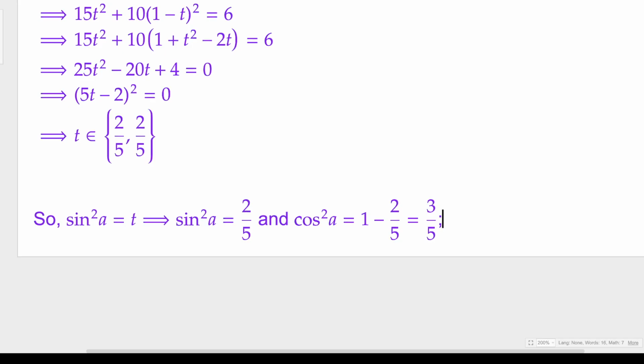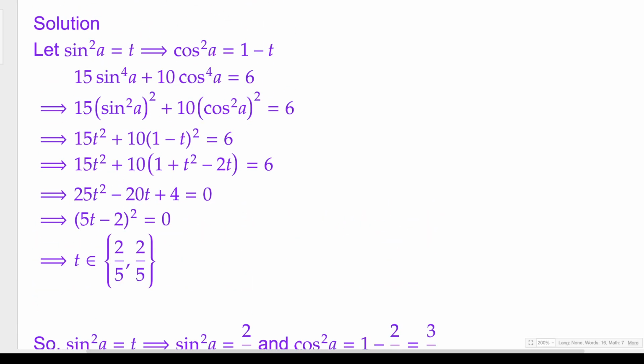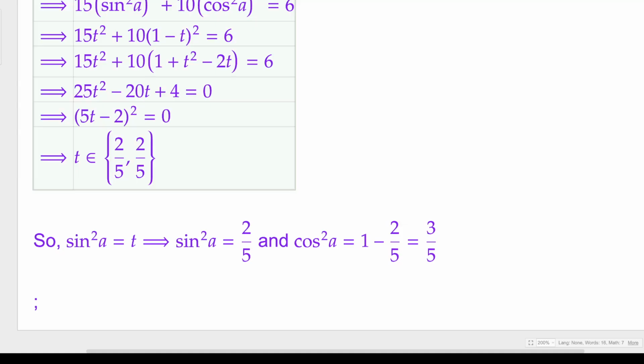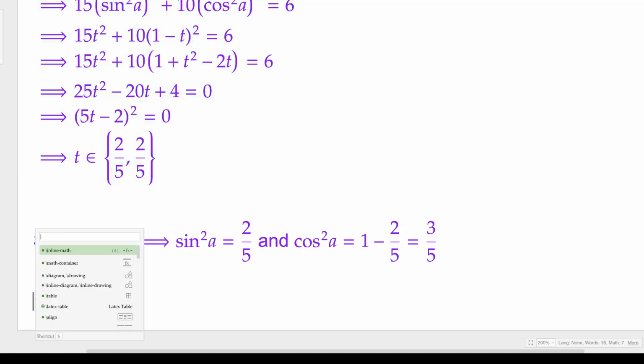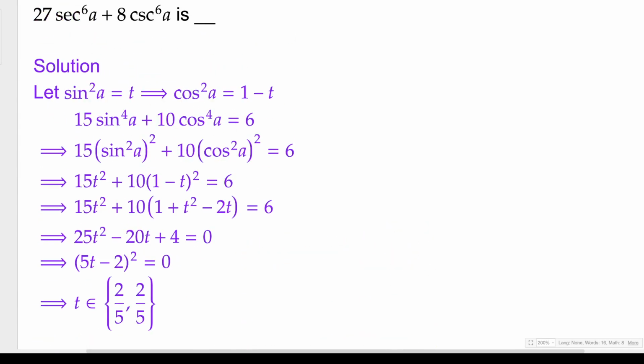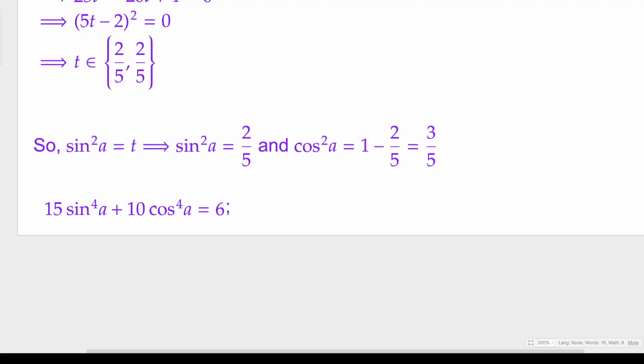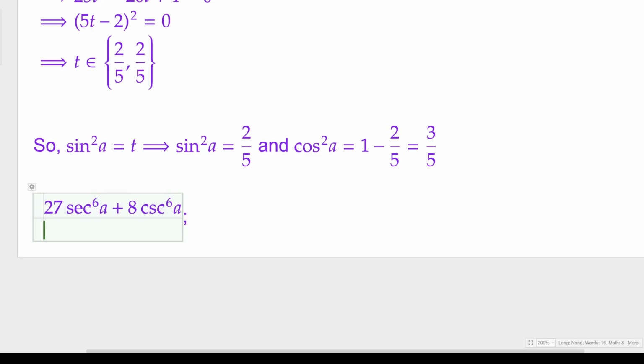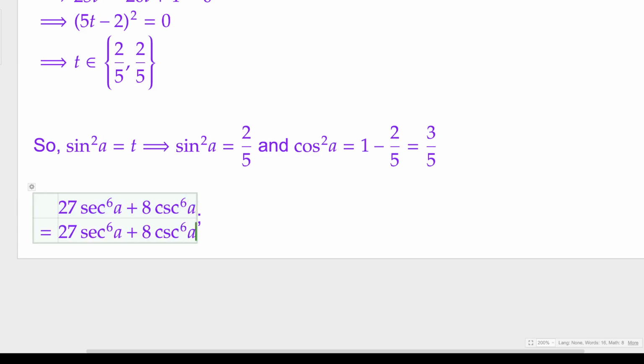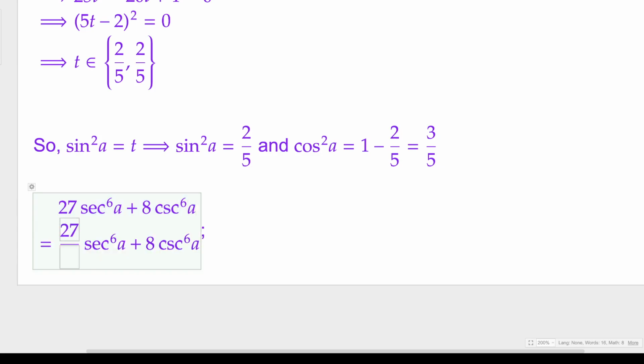Now we are ready to resolve this particular part, that is the target of the problem statement, that is 27 times secant a power 6 plus 8 times cosecant a power 6. Now this one can be written as 27, and this secant can be written as 1 by cosine, right.